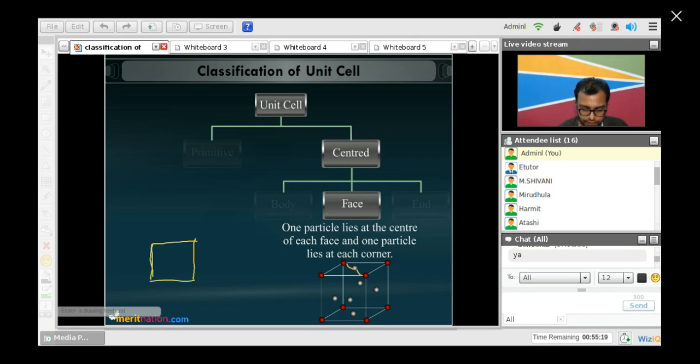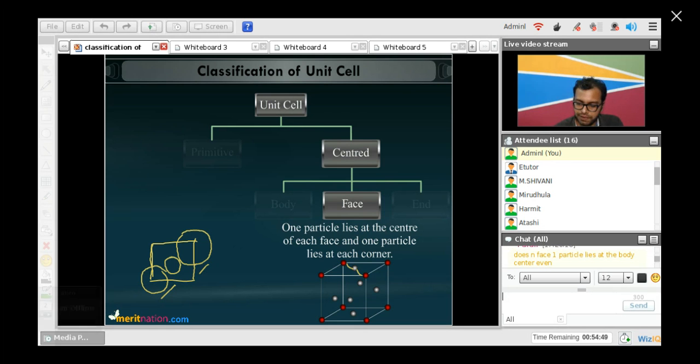Let's say this is the atom lying at the center of the face, then it will touch the corner atoms. You have to assume that the size of the atoms represented here is the same. This is how the atoms touch each other in the face-centered cubic cell.